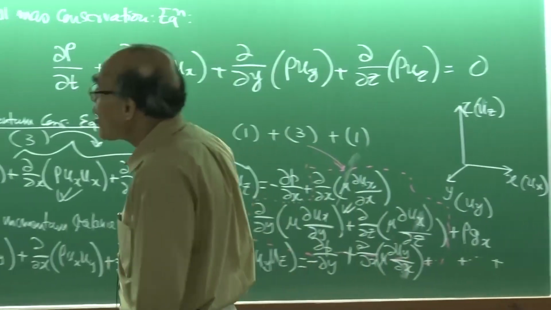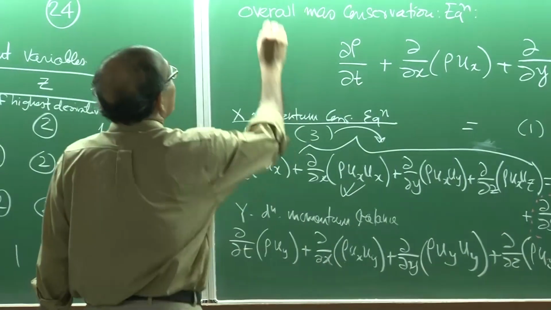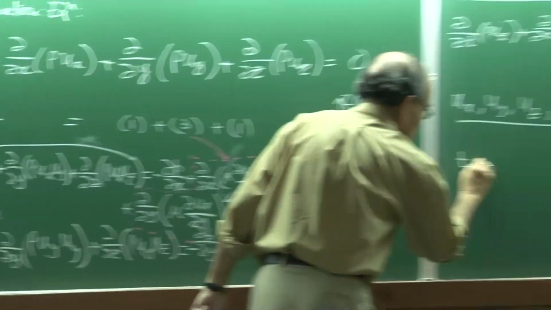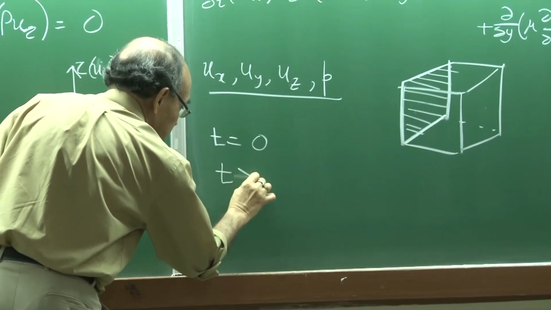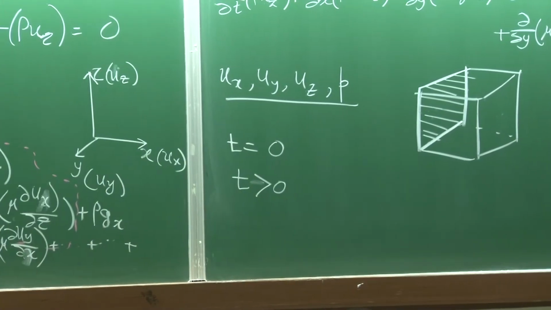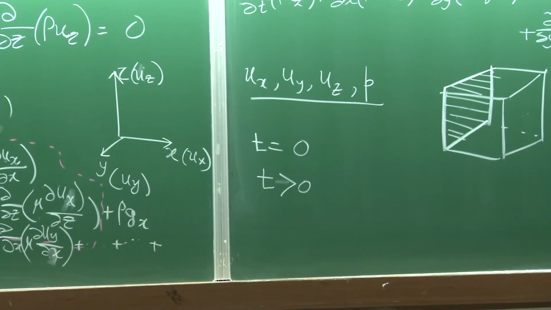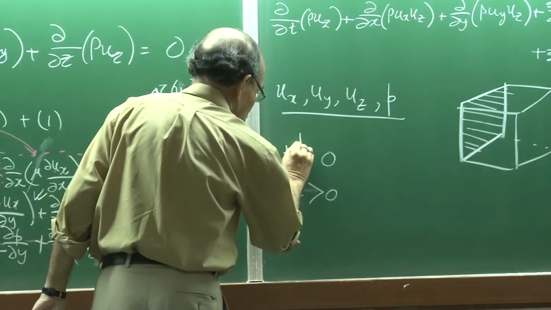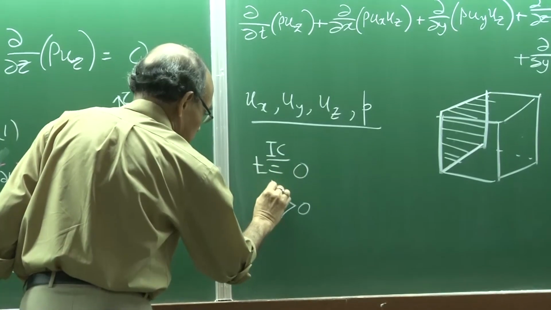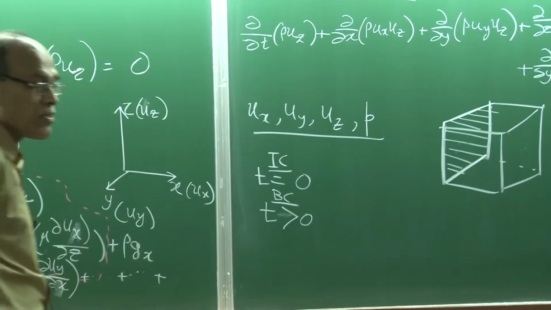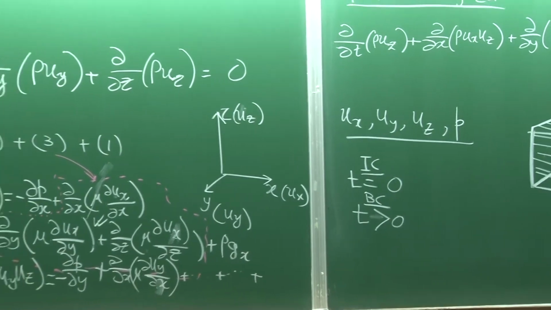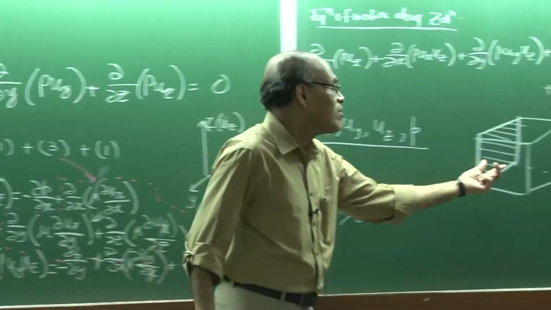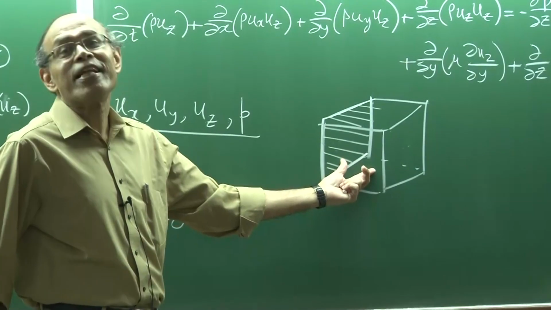And there is a way of writing. The initial conditions will be written, for example, at t equal to 0, and the boundary conditions are going to be all written at t greater than 0. So, I say this is applicable to IC, initial condition, and this is applicable to boundary conditions. An initial condition, for example, could be that all the fluid contents inside this control volume could be taken as stationary.